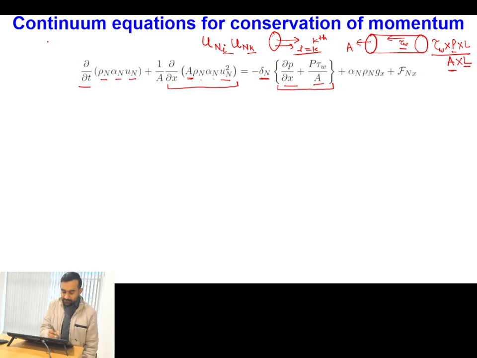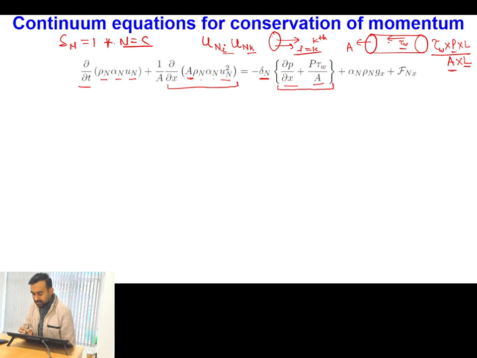We know already from the previous lecture that this delta n will be 1 only for n equal to c, because across the boundary, this wall shear stress and pressure are acting at the boundary, and at the boundary of the control volume we have made the assumption that only the continuous phase is actually in touch.